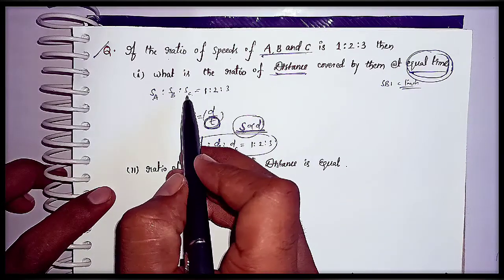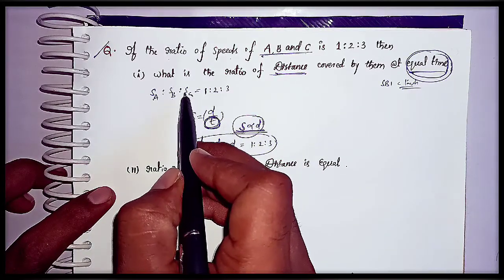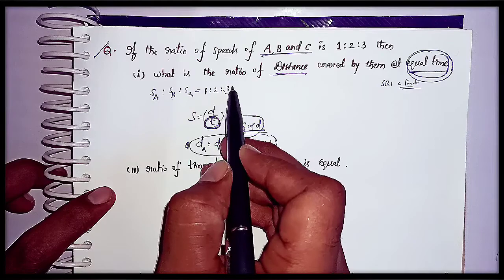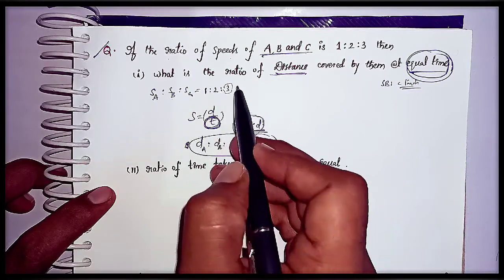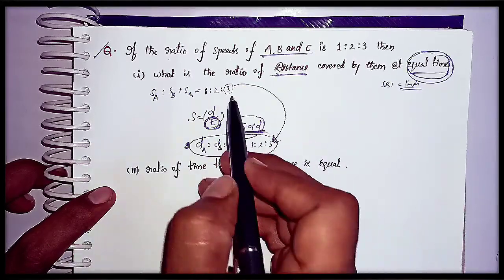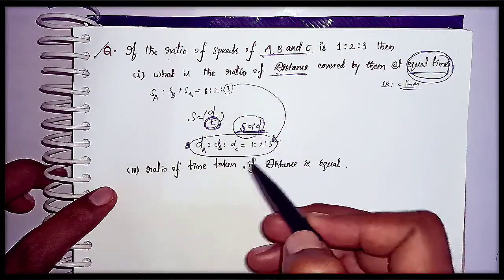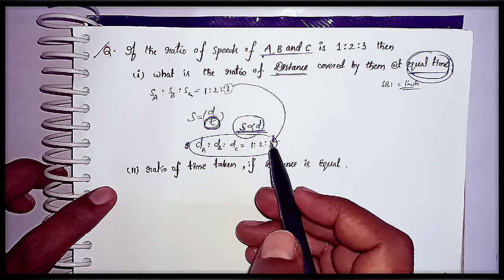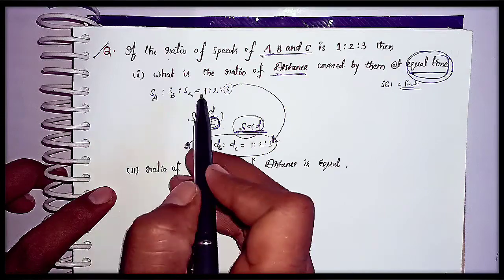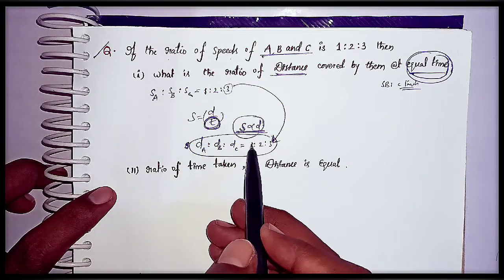For person C, the speed is 3 km per hour, so he covers distance with respect to that speed. If the speed of a person is high, he covers more distance within less time. The speed of person A is less, so he covered very less distance.